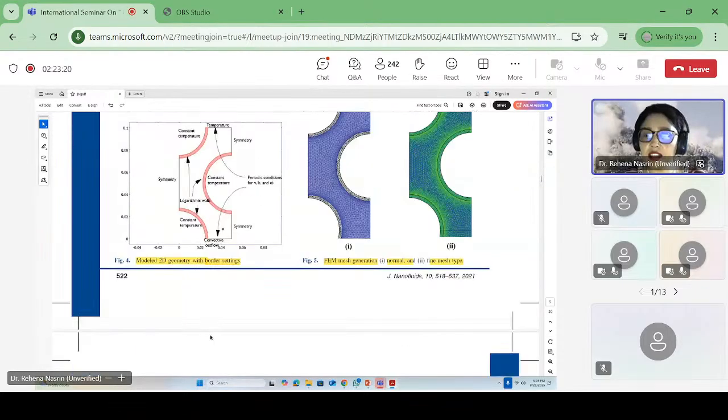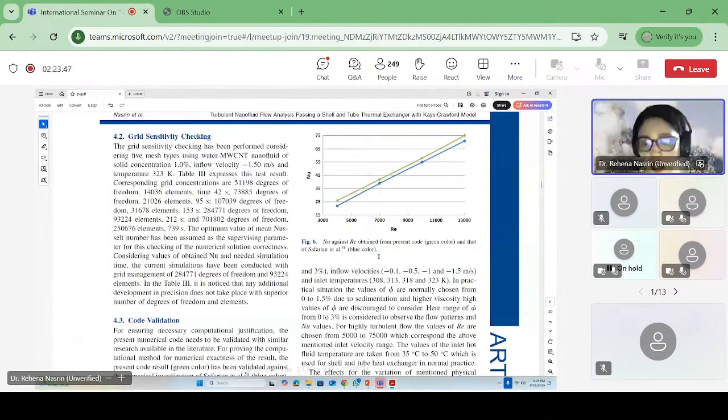After that, we show code validation. We validate our code against Safarian et al. Because it is a numerical simulation, before publication we have to validate our present code, so that no researcher or reviewer can raise queries about this part.